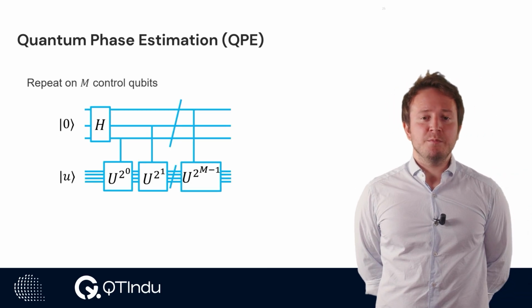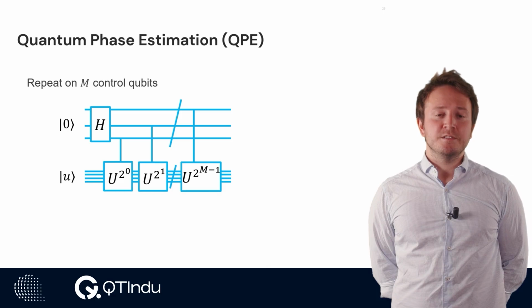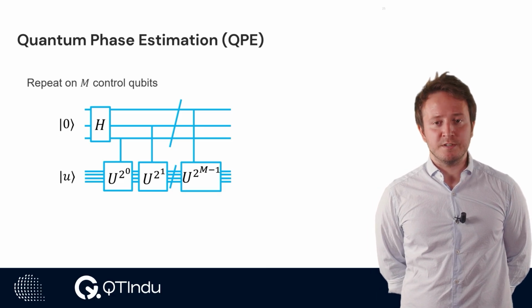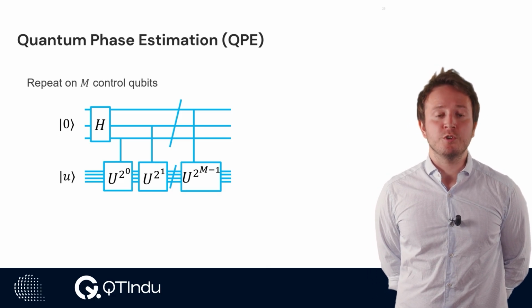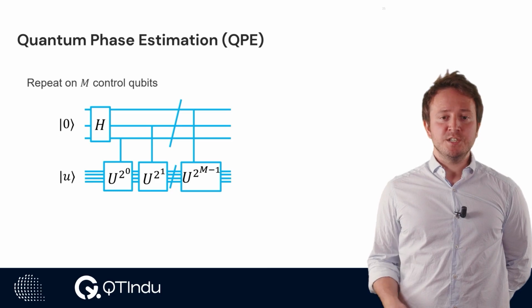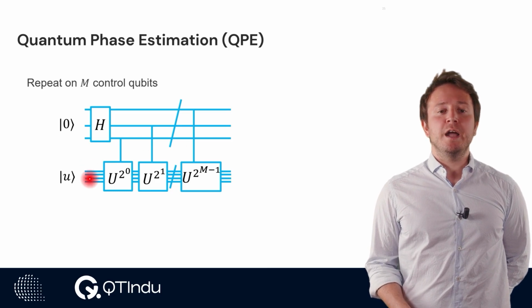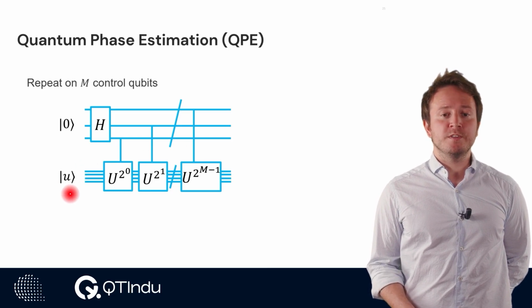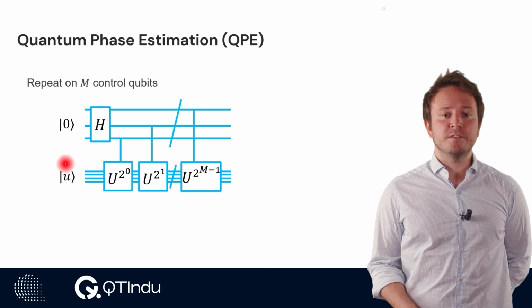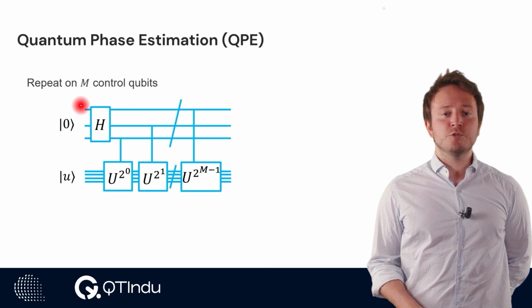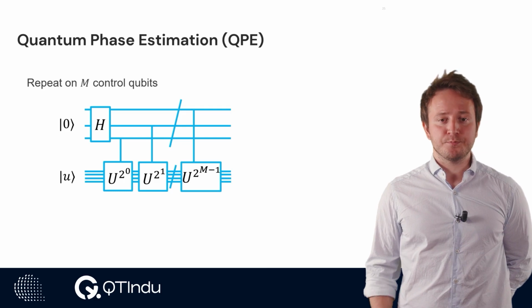Now we can do the same by applying this oracle to m control qubits. Essentially, now we have an n-qubit register that encodes the eigenstate u, and we have m control qubits that are all first Hadamard transformed.